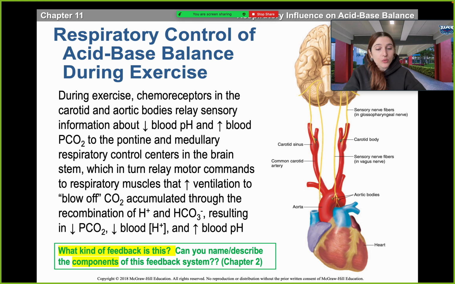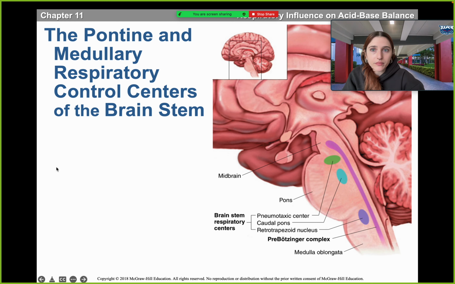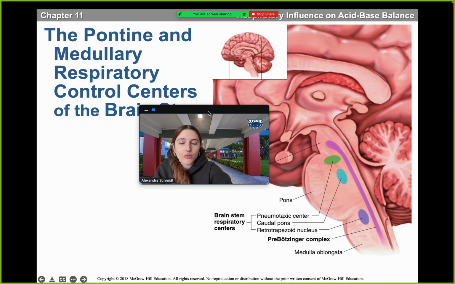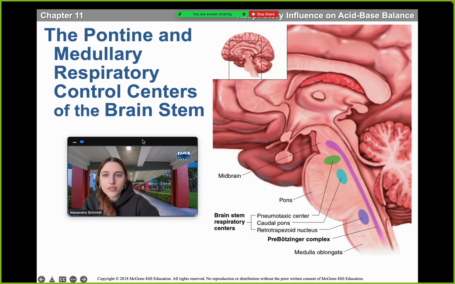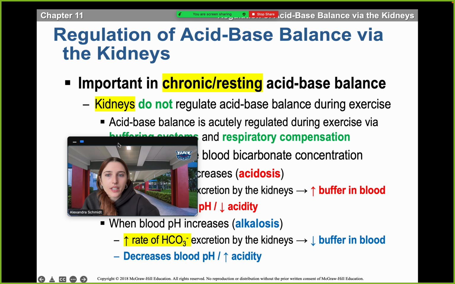So then the respiratory control center, based on all of this feedback that told it what to do, will either increase or decrease ventilation to get things back where they need to be. Again, bringing things back where they need to be, that's that negative feedback. Okay, these are the respiratory control centers. Again, you can take a look at that.